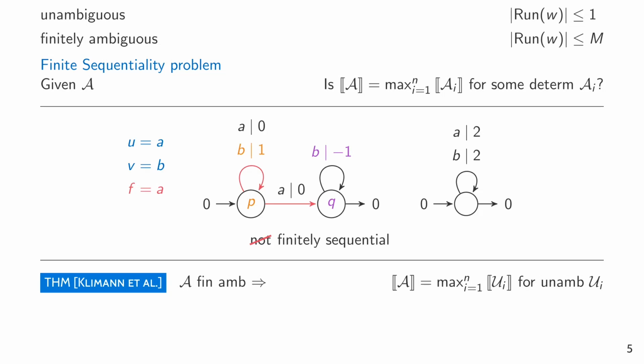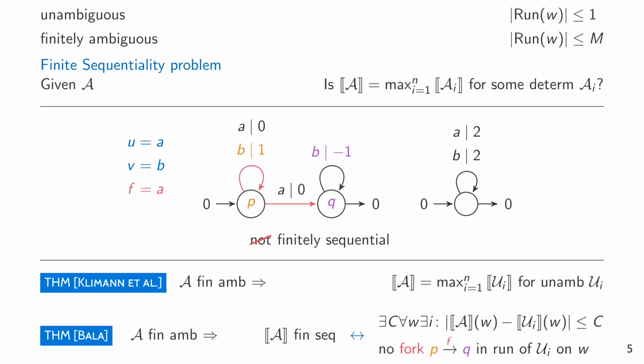So let's assume that we have a finitely ambiguous max plus automaton and such a decomposition into unambiguous max plus automata. Then a theorem by Bala tells us that the behavior of this finitely ambiguous max plus automaton is finitely sequential if and only if this condition on the right is satisfied. So what does this condition on the right say?